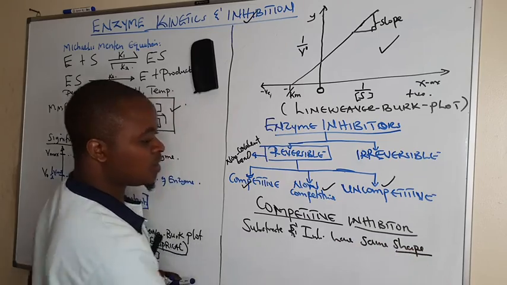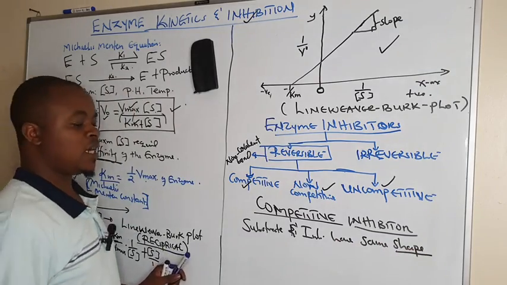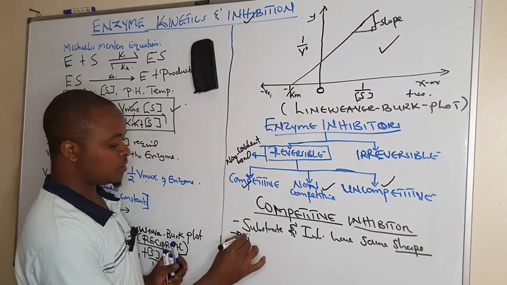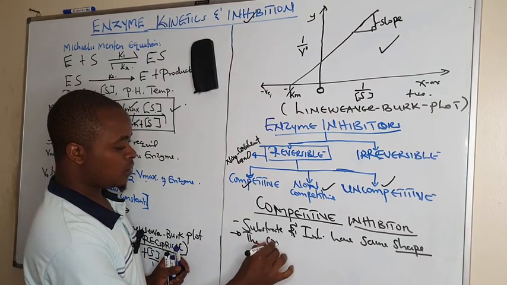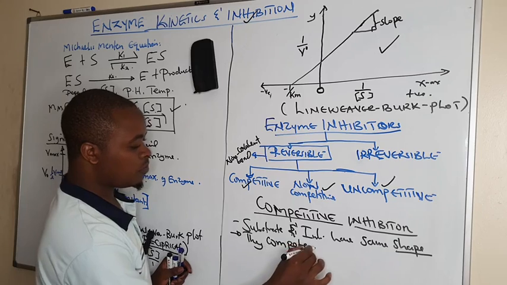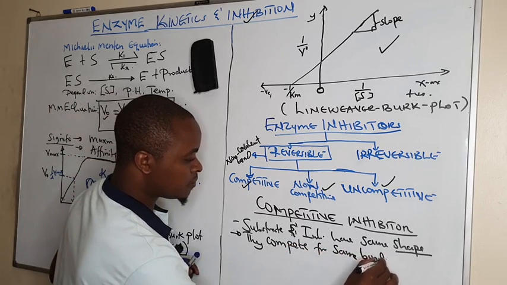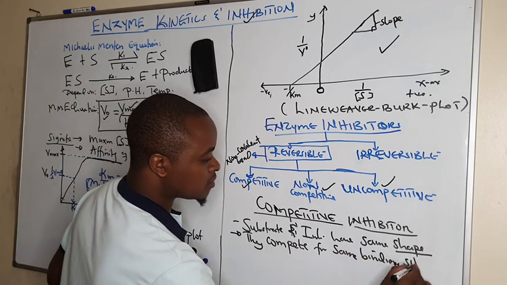They have the same shape or configuration, and because they are of the same configuration, they compete. These ones compete for the same binding sites of the enzyme.